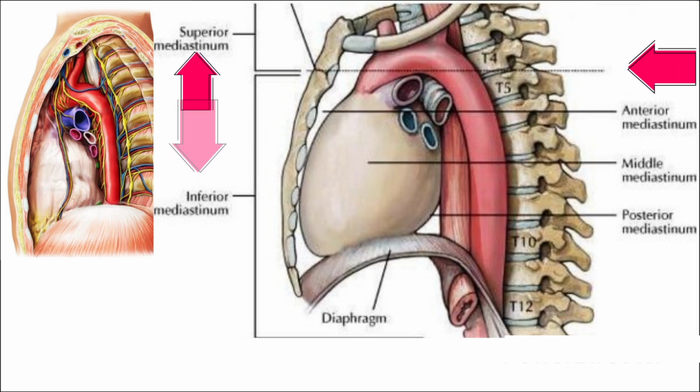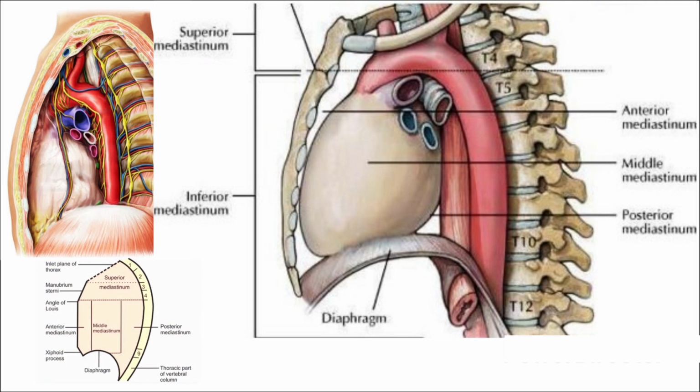In an easy way, let's understand this. It makes upper and lower parts. So the division of mediastinum is superior mediastinum and inferior mediastinum. Okay. Now let's see what superior mediastinum and inferior mediastinum is. Okay.